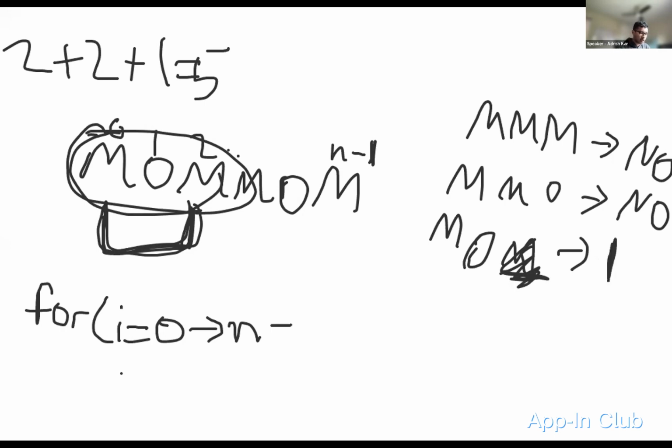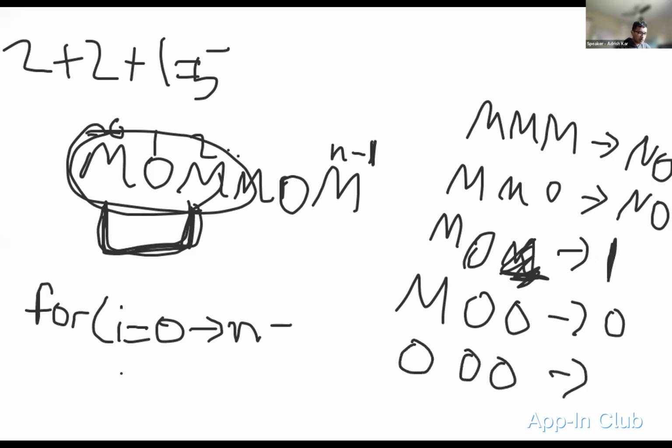For the string MOO, it takes 0 additional operations. For the string OOO, we can actually do this in also one additional operation. And then for OMO, this is actually not possible.